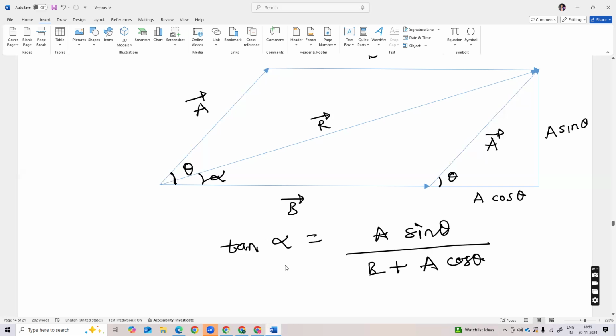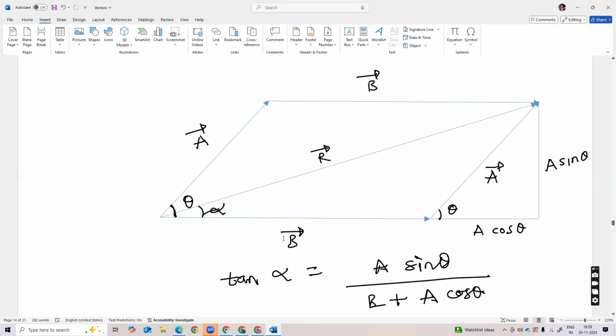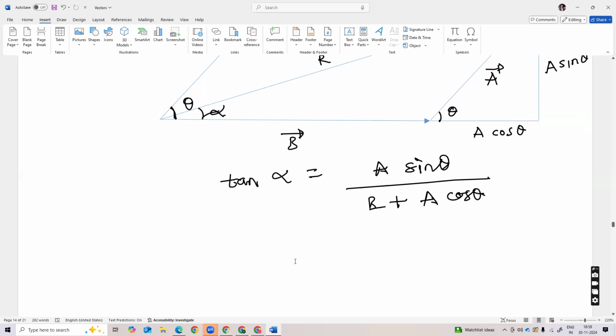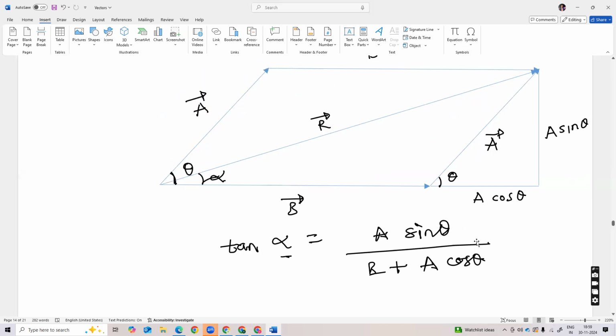So if we have to find out the angle made by this resultant with B, then this is tan alpha, and it can be given as A sine theta divided by B plus A cos theta.